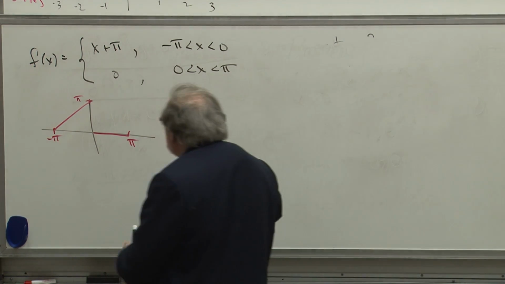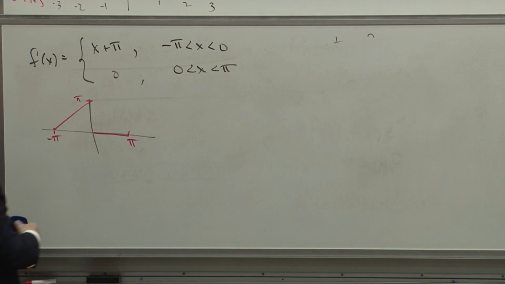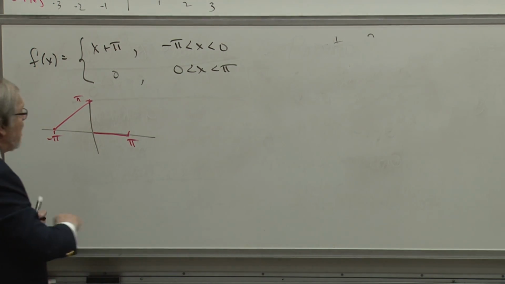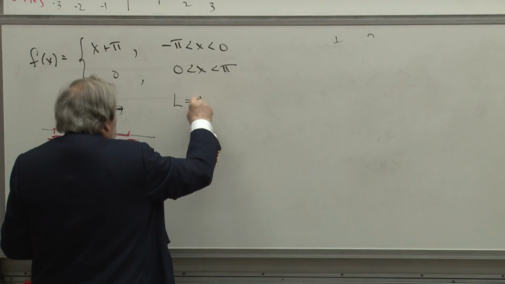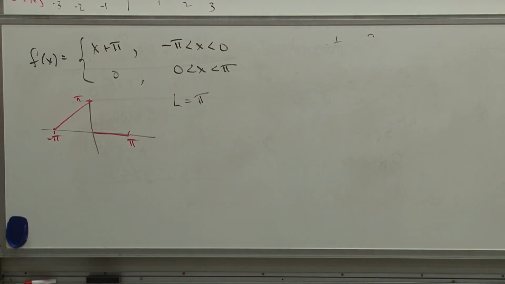All right. So from the definition, between -pi and pi, we have L is pi.